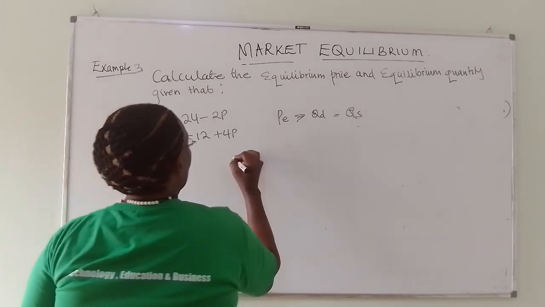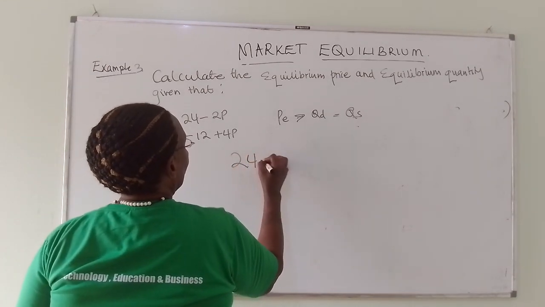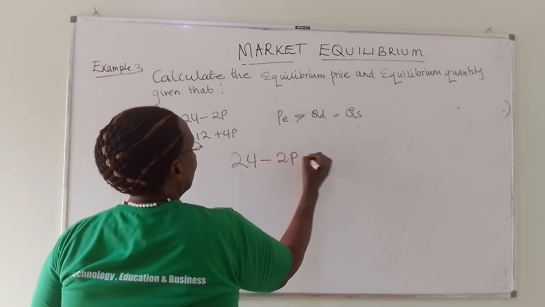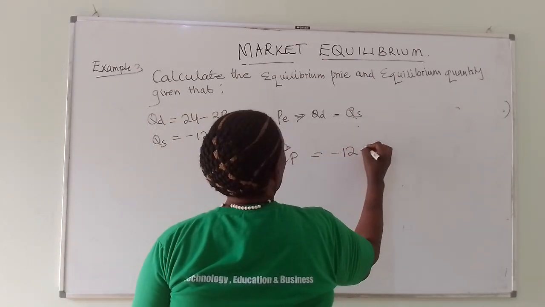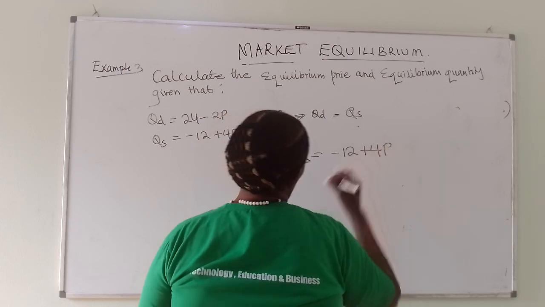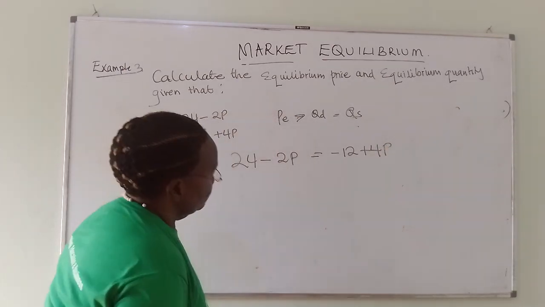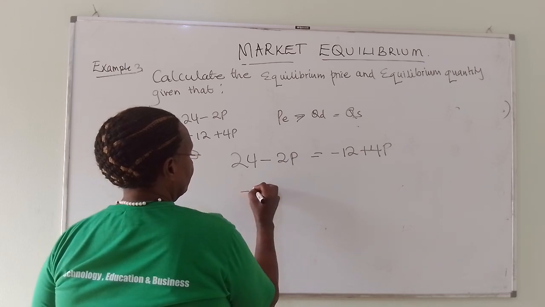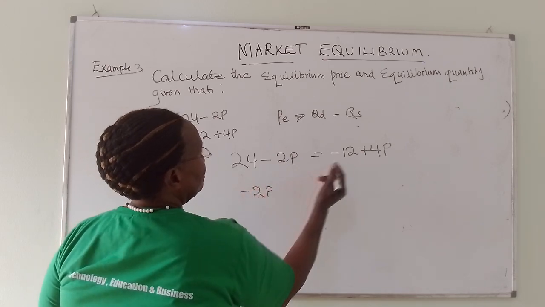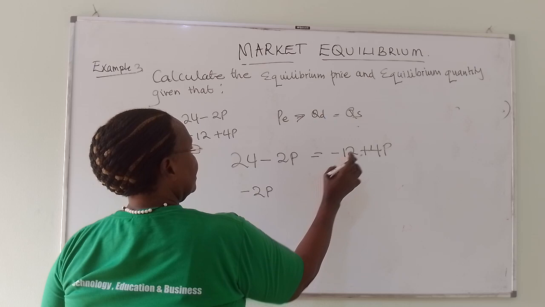We have our 24 minus 2p being equal to negative 12 plus 4p. Bring the like terms together. Let's now assume that negative 2p remains here. We bring that 4p this side here.